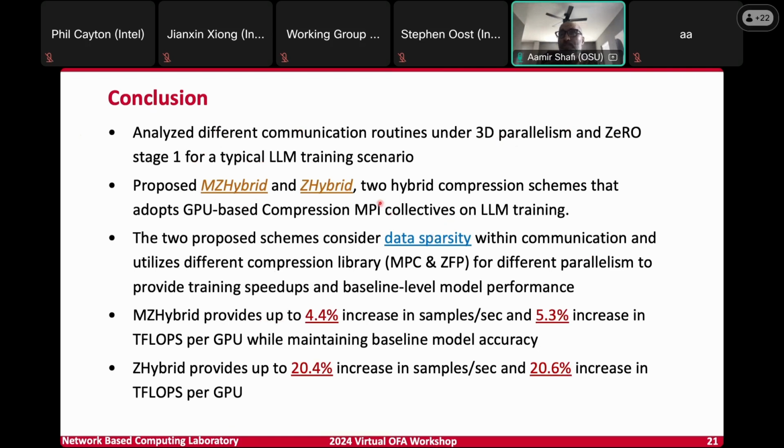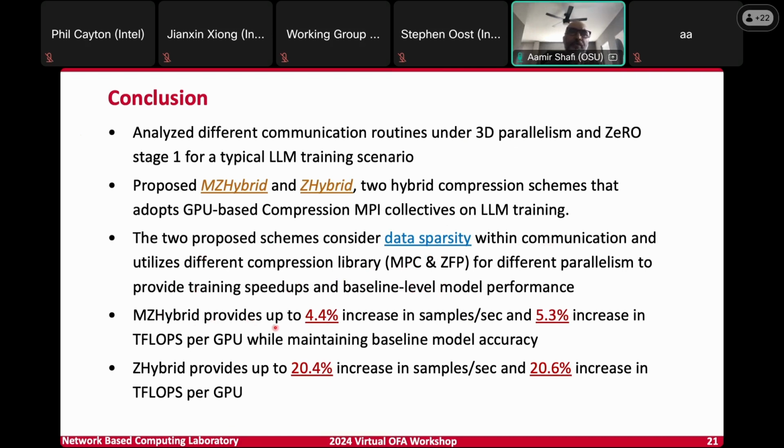These are two hybrid compression schemes where we are using lossy as well as lossless compression. The two proposed schemes consider data sparsity within communication and utilize different compression libraries for different parallelism to provide training speedups and baseline model performance.